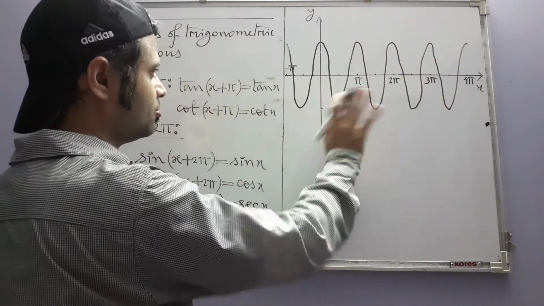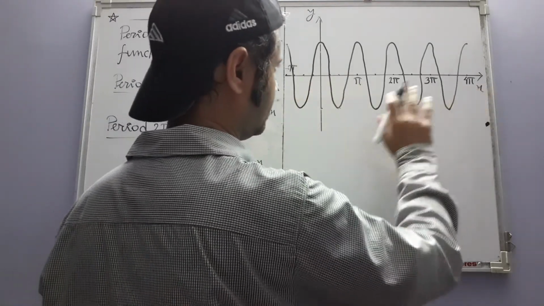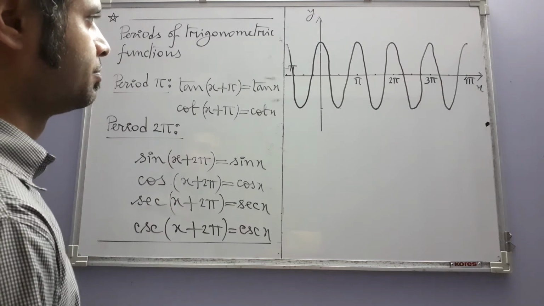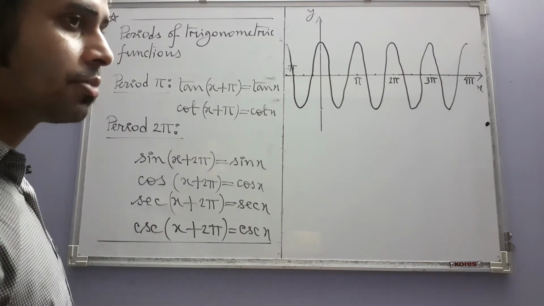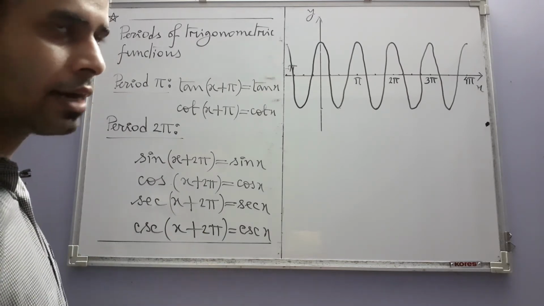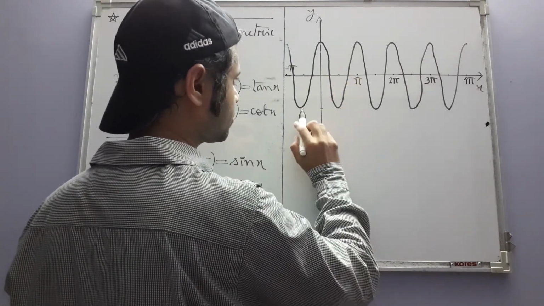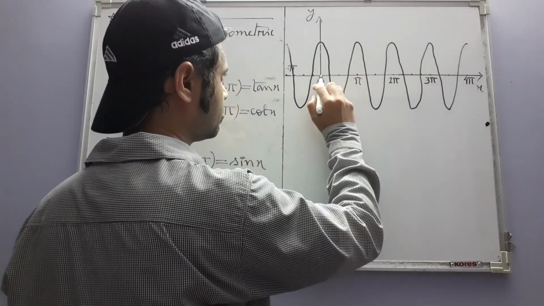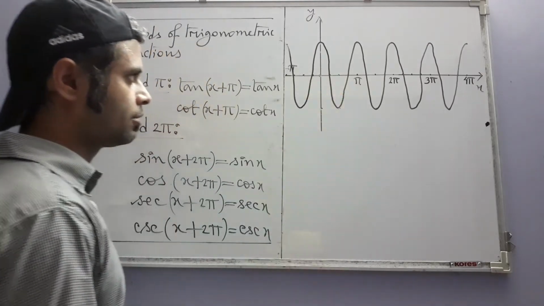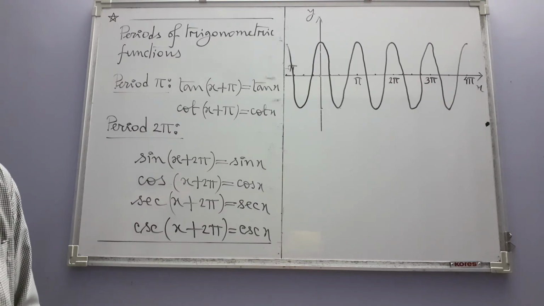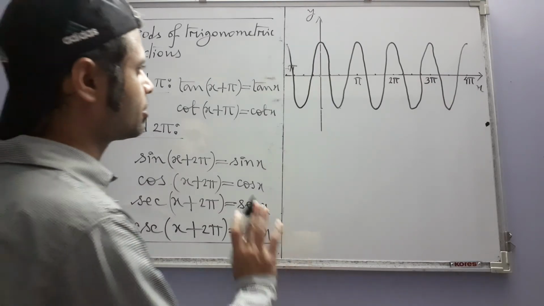You just don't consider the exact shape of this. It's a sine graph, you just consider that fact. But it's not just simply sine x, because sine x of course passes through the origin, and that thing has not happened. Or is it the cosine? Okay, it is cosine, it's not sine.